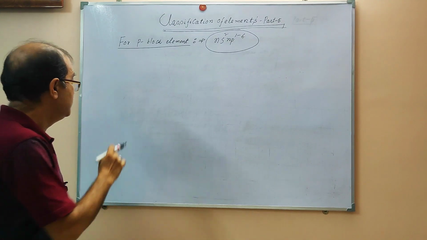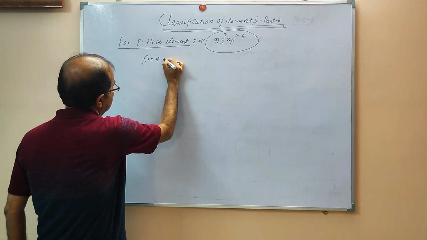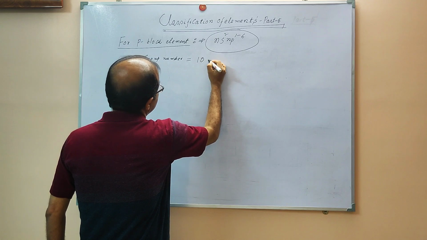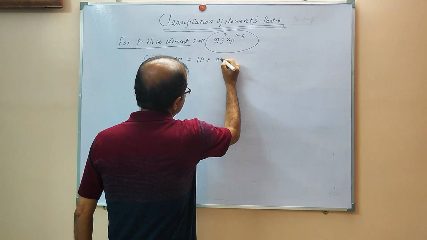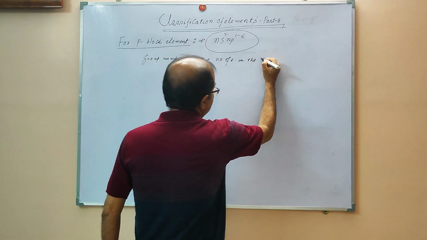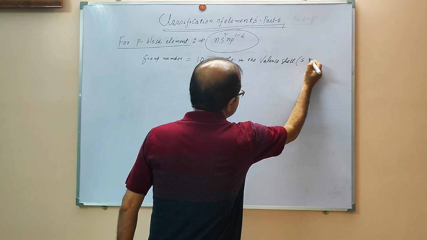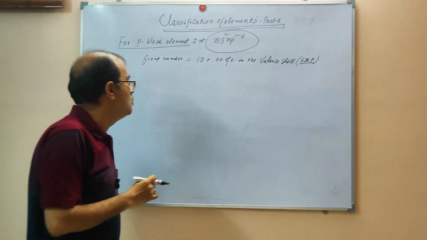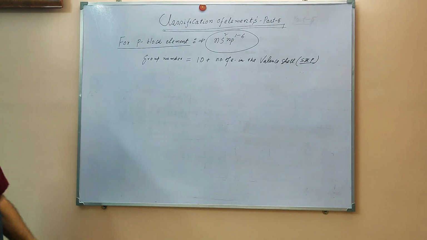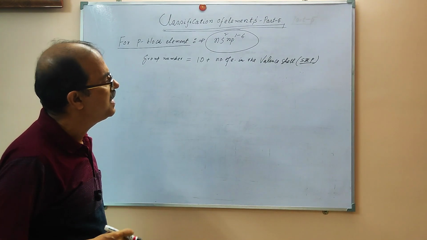For the p block element, the rule is this: the group number is basically 10 plus the number of electrons in the valence shell, that is, the s subshell and p subshell.